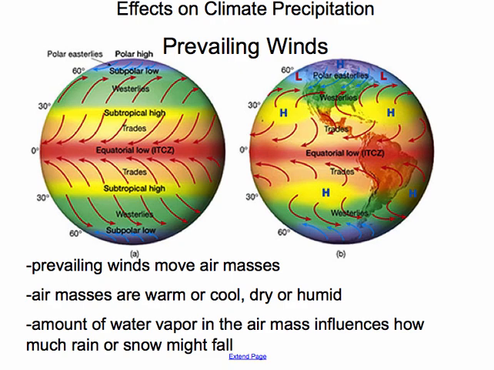So the amount of water vapor in an air mass influences how much rain or snow might fall. If you're constantly having prevailing winds that are blowing off of the center of a continent, where it's probably drier as compared to an ocean, your climate's probably going to be pretty dry.